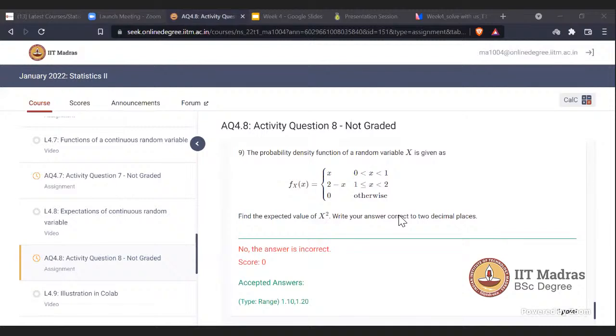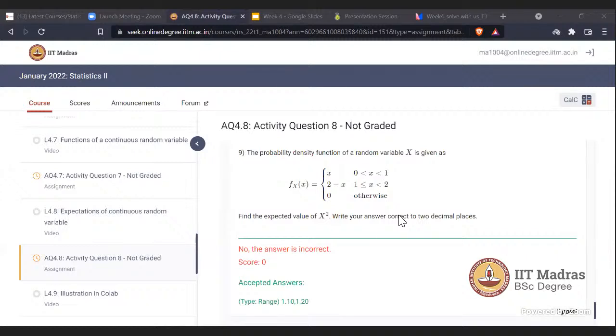So here you have to find the expected value of x square. What is the formula for expectation? I mean, how do you find the expectation?